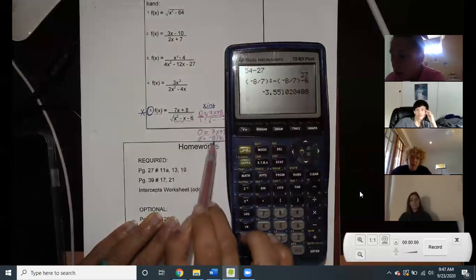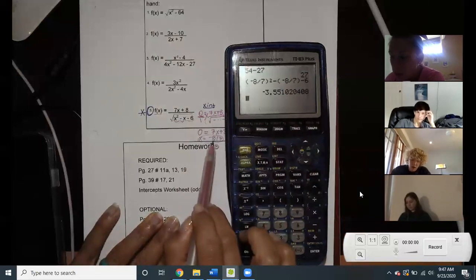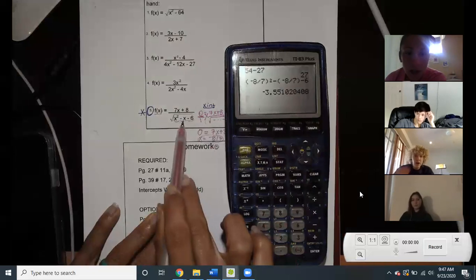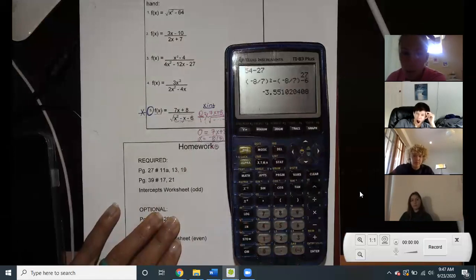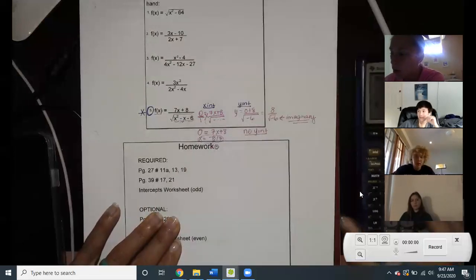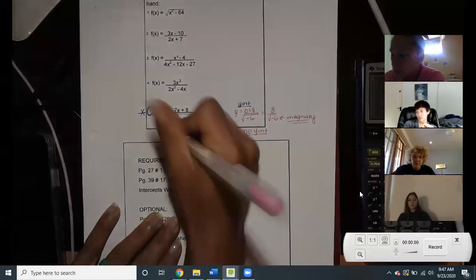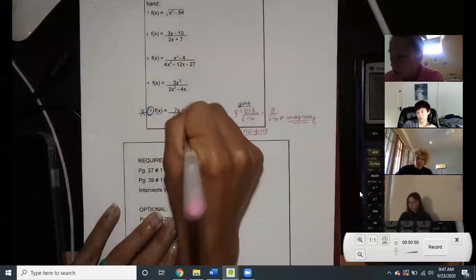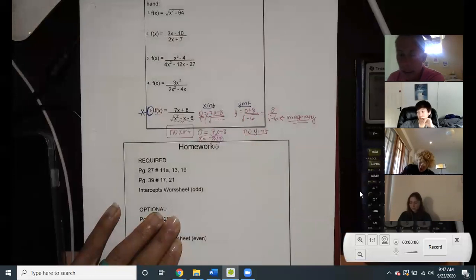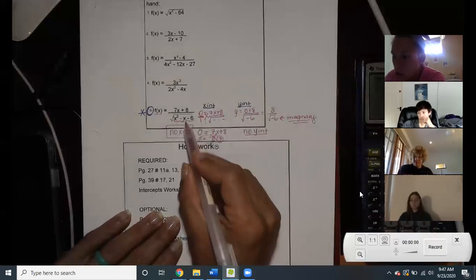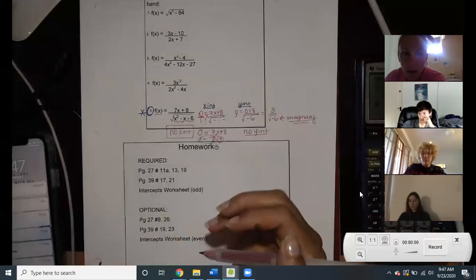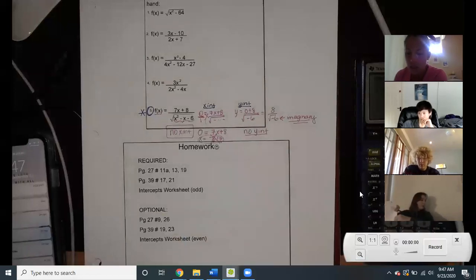That means this value that I thought was an x-intercept actually gives me an imaginary solution underneath this radical, and that cannot happen for an x-intercept. So there is no x-intercept for that either. You have to make sure that what you get for your x-intercept doesn't give you 0 or an imaginary number, and if it does, it's not actually an intercept.